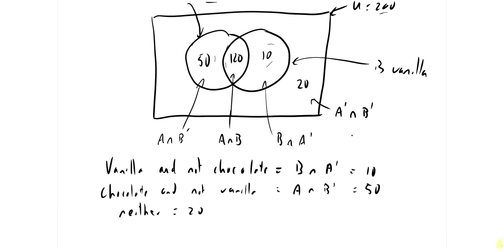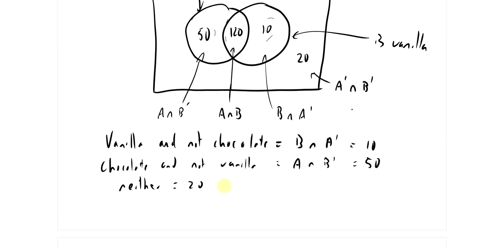How many like chocolate or vanilla? Well, that would be A union B, right? People who like chocolate or vanilla. And that's actually these three sets added together. Why is that?